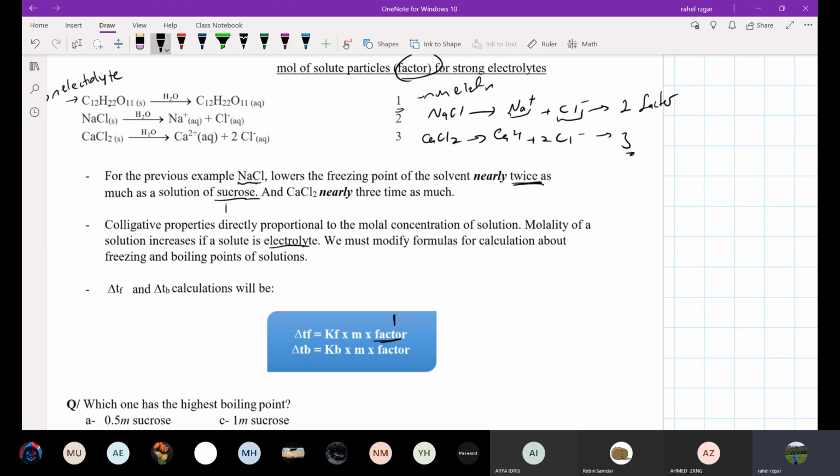We don't need to write 1. That's why this is the original equation. This is the original formula, rule. For non-electrolytes, it's 1. For electrolytes there are different numbers. That's why we have to write those different numbers.